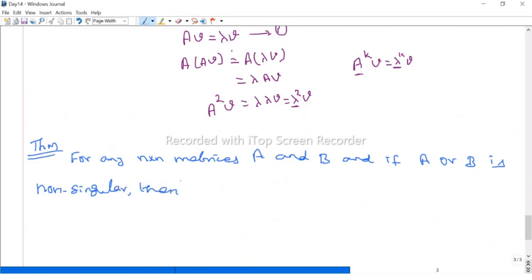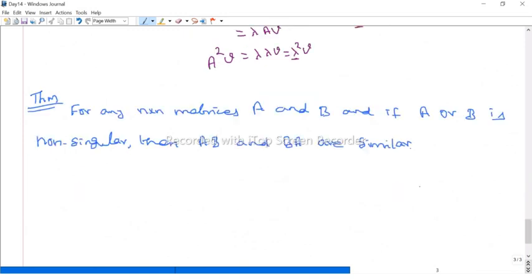Then the products AB and BA are similar. Why? That means we can find an invertible matrix such that one matrix AB can be written as the inverse of the other matrix form. Suppose we assume that either A or B is non-singular. Without loss of generality, we assume that A is non-singular.